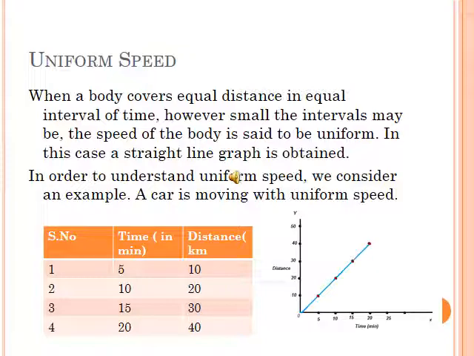After 10 seconds, the car covers a distance of 20 meters. Then in 15 seconds, the car covers a distance of 30 meters. And in 20 seconds, the car covers a distance of 40 meters. It means the car is moving with uniform speed and covering equal distance in equal interval of time.